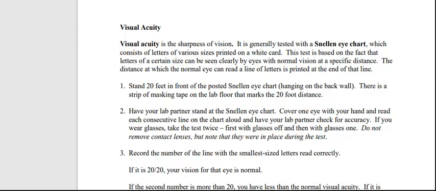And what they're doing there is they're telling you what normal people can see. So 20/50, what somebody else could see from 50 feet away, like a sign that they're trying to read 50 feet away, you would have to be within 20 feet of it to be able to read it. So your eyes aren't as good, or your acuity is not as sharp. So that's what that is.